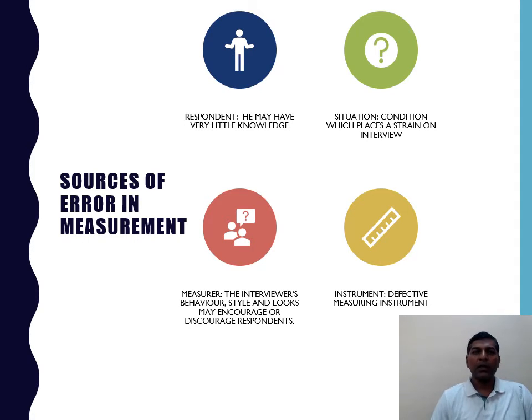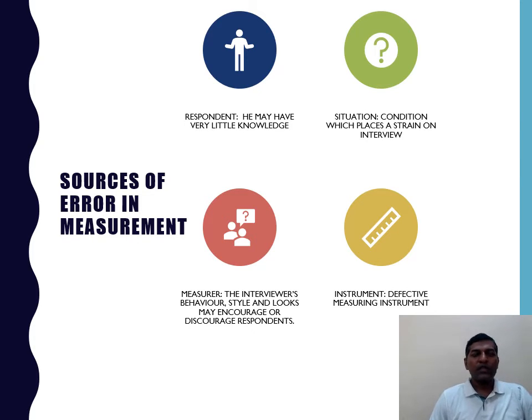For example, if we are going to ask questions to a student, and he recently had a punishment for not submitting an assignment or something else, he may not be in a good condition to answer your questions. This is one example. Such conditions may create a big problem or can be considered as erroneous measurements.